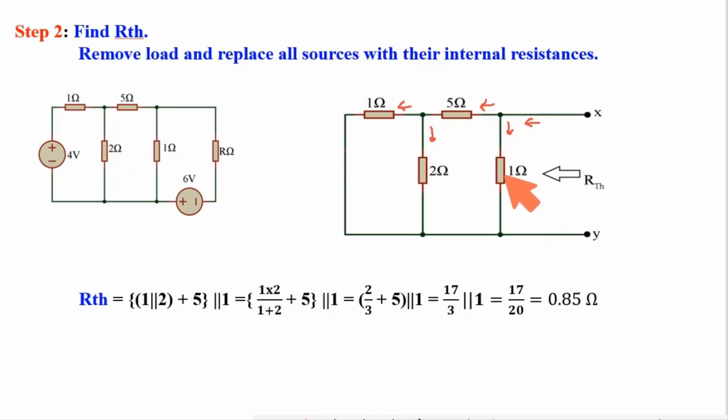If we cannot understand this, we may redraw this circuit in a simple way. Say I am starting walking from X. So this is X. This has been divided into two paths. One path is this 1 ohm. Another path is 5 ohm.